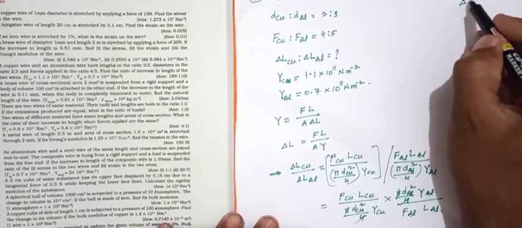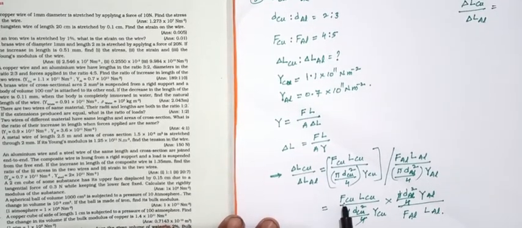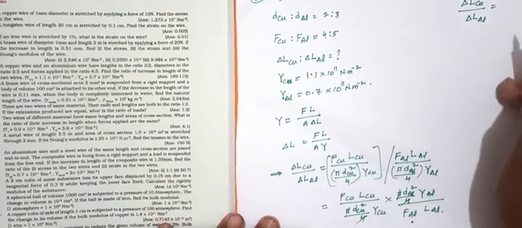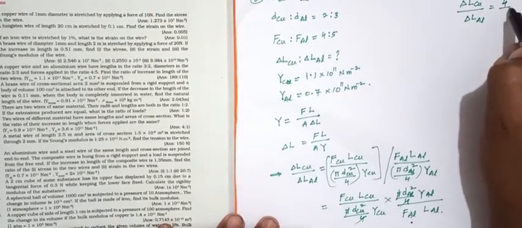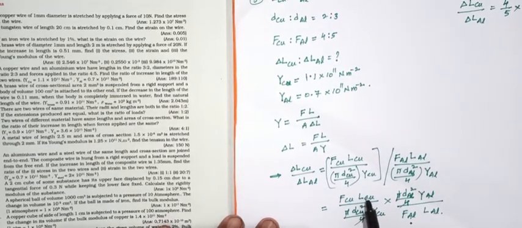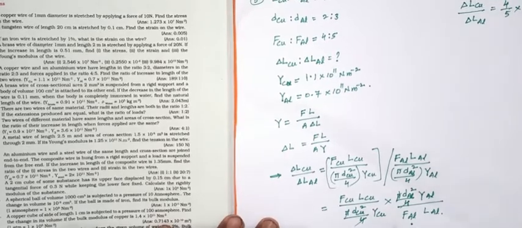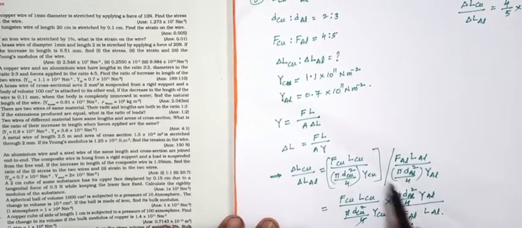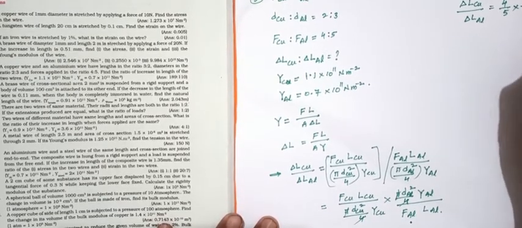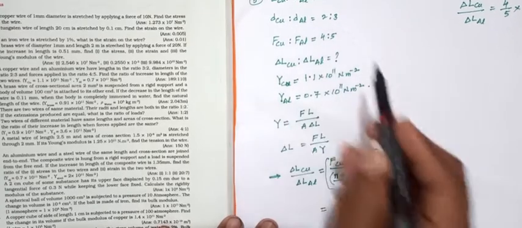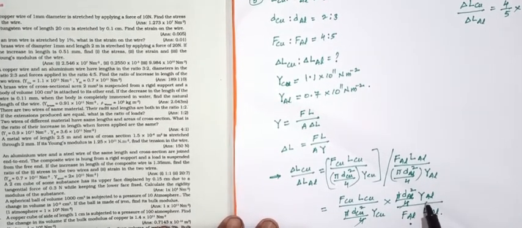That equals delta L copper divided by delta L aluminium equals force copper by force aluminium, which is 4 by 5, into L copper by L aluminium, which is 3 by 2, into the remaining d aluminium by d copper. Since d copper by d aluminium equals 2 by 3, d aluminium by d copper equals 3 by 2 whole square, and Y aluminium by Y copper.